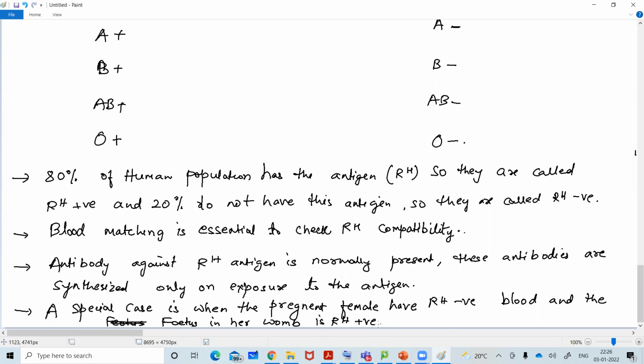Is this possible? Yes, it is possible. The mother is negative, but the child which is growing inside her body is Rh positive.